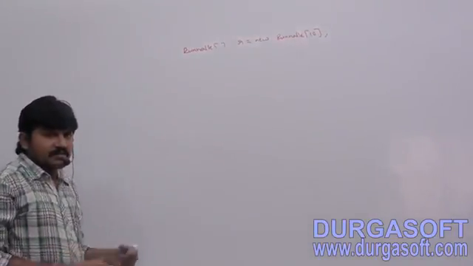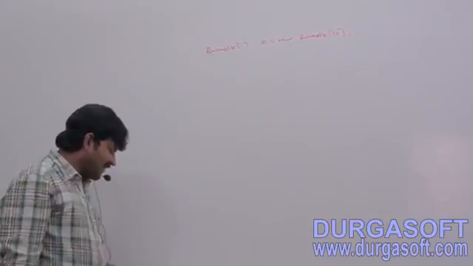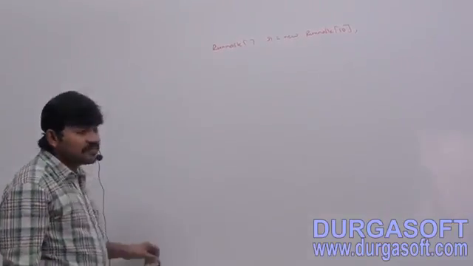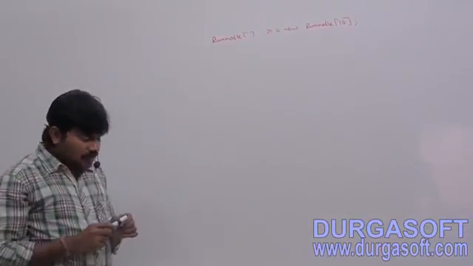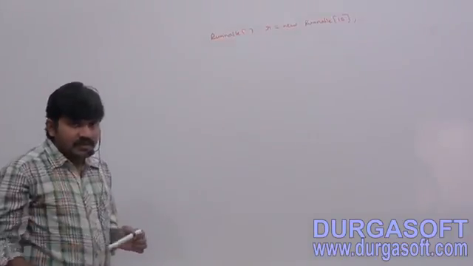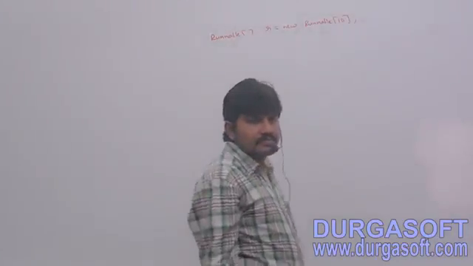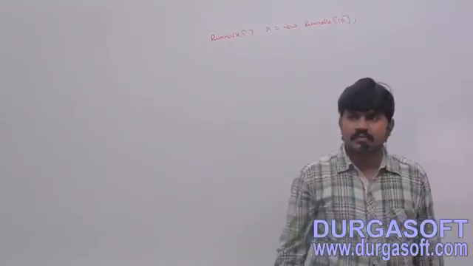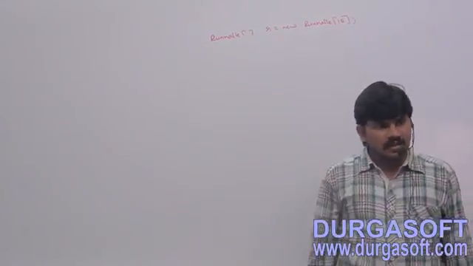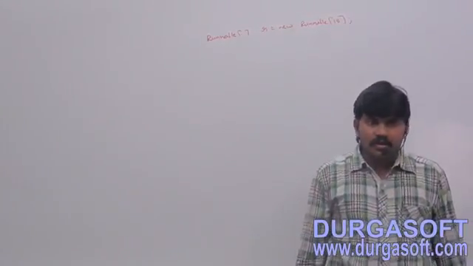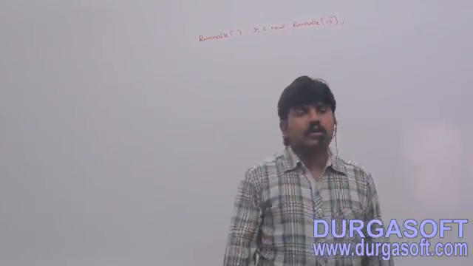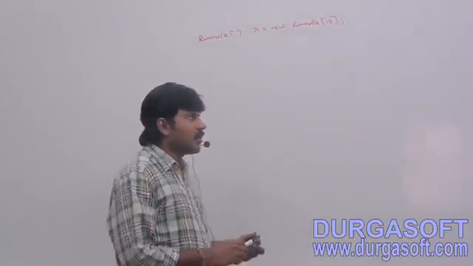Is it valid or invalid? That's what you have to identify. Invalid? Compile-time error, because Runnable is an interface. How can you create an object for an interface?